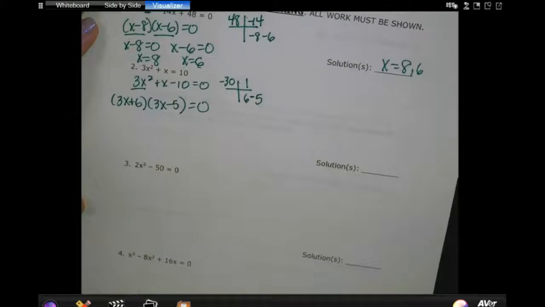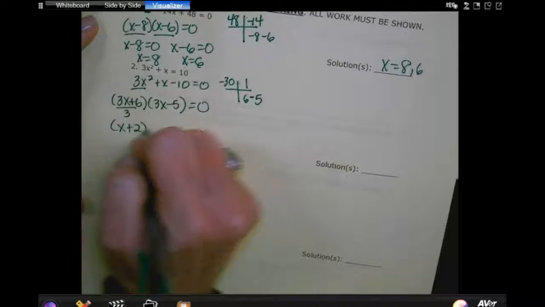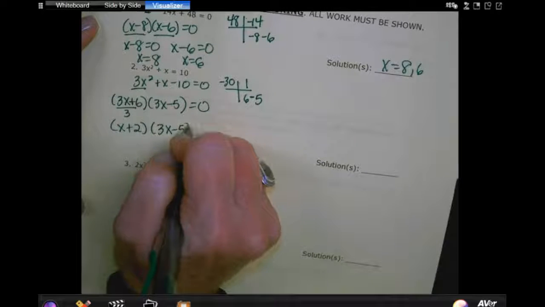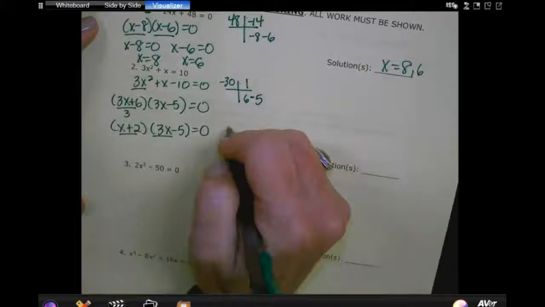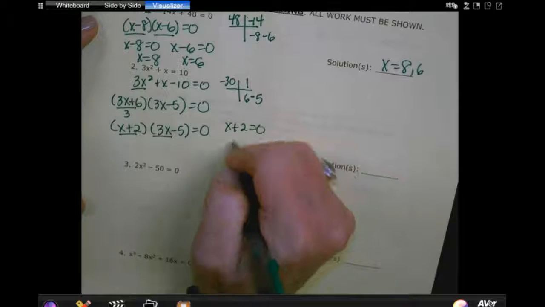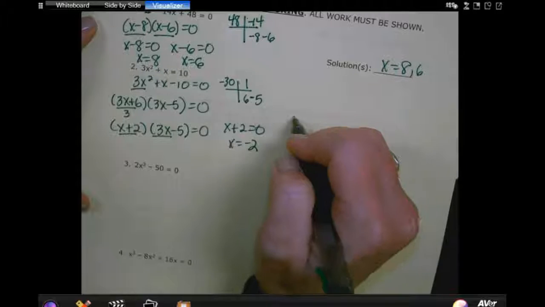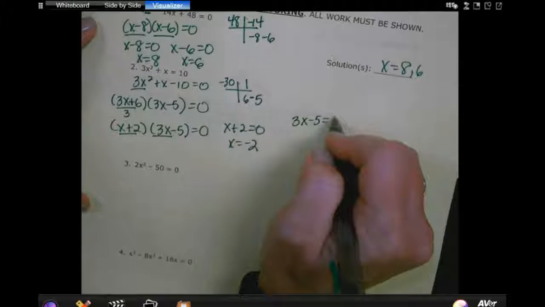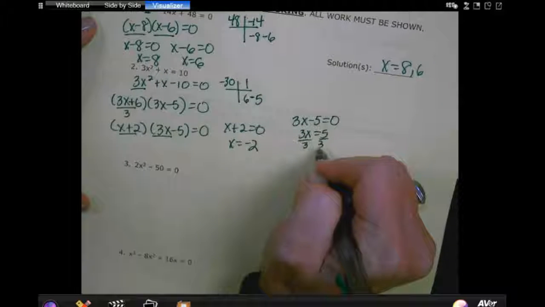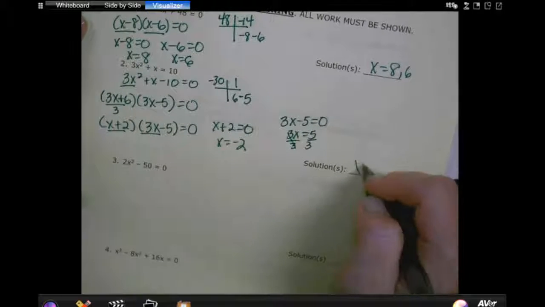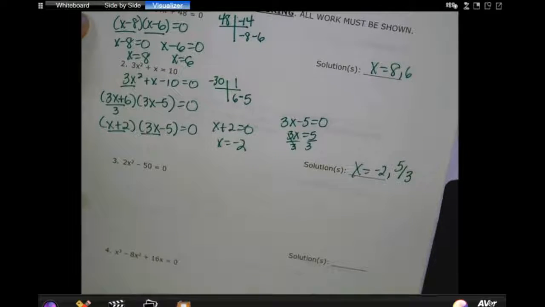And the 3x plus 6 reduces. So you have to set both equal to 0. So we get a negative 2 and 5/3.